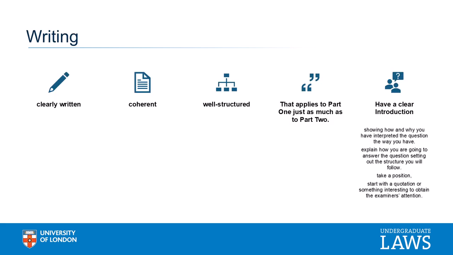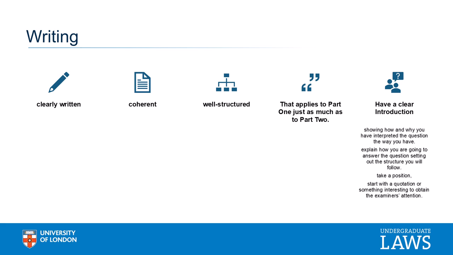So in general, you need to write clearly written, coherent and well-structured answers to all of your questions. And as I said, that applies to part 1 just as much as it does to part 2. Have a clear introduction showing how and why you've interpreted the question the way you have.